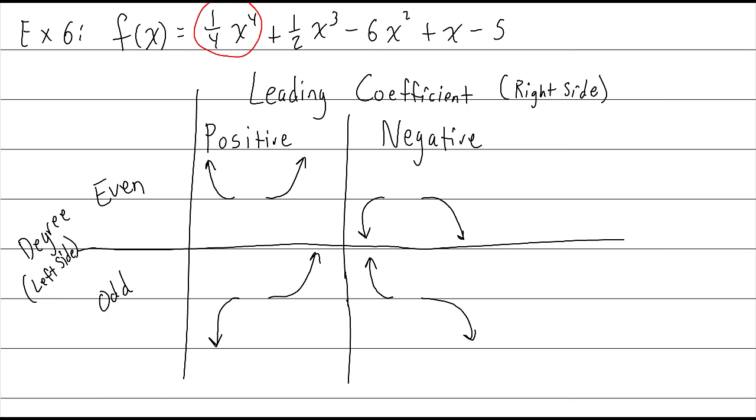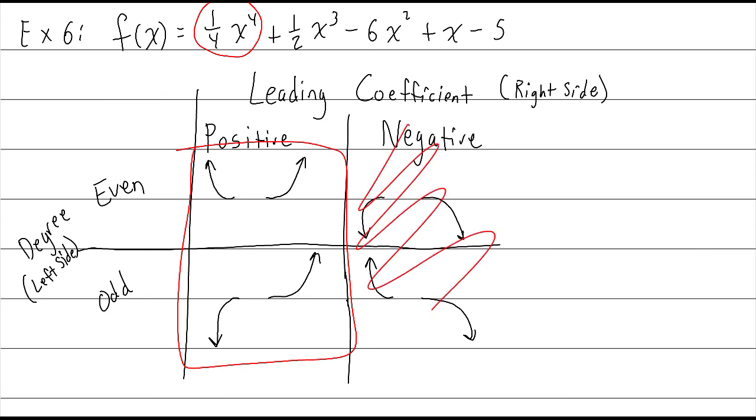Okay, so now let's go back to our example up here. We were specifically asking about this function, 1/4 x to the fourth plus and so on. The leading coefficient is positive, so I know I am looking at one of these two, and I've completely ruled this out. So the right side goes up. The degree is 4, which is even, not odd.